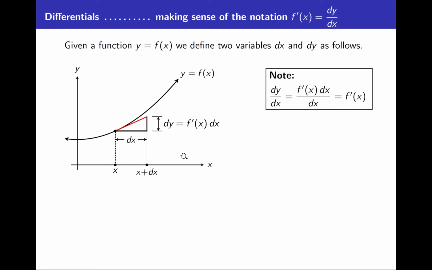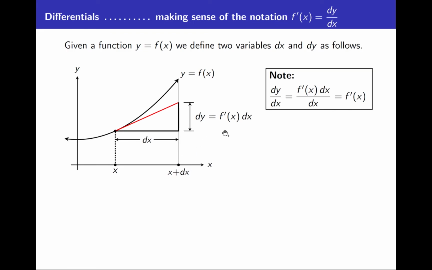It's important to realize here, however, that dy and dx, those are variables, and dy depends on dx. So you could change this variable dx, make it bigger or smaller, and that would force the size of this triangle to change as well. Making dx bigger makes that triangle bigger, and correspondingly makes dy bigger as well.